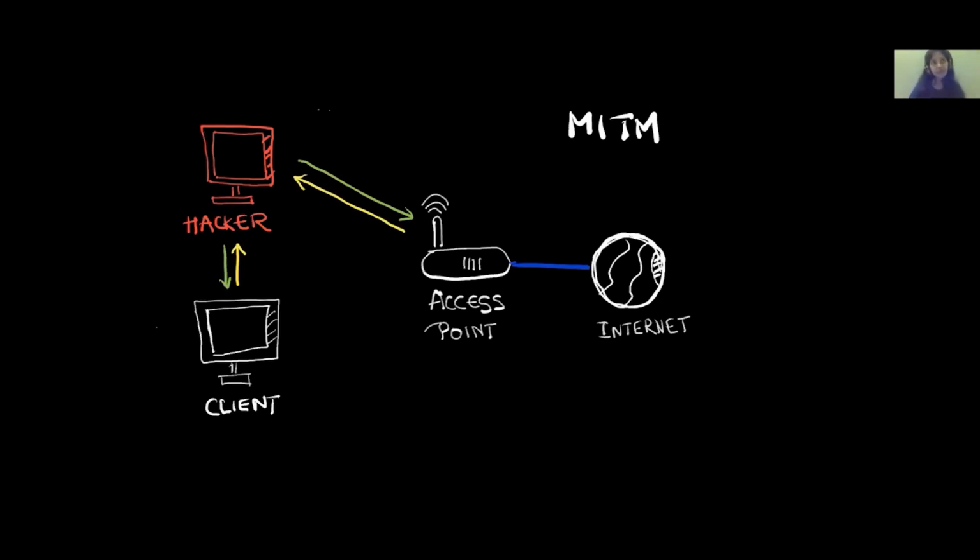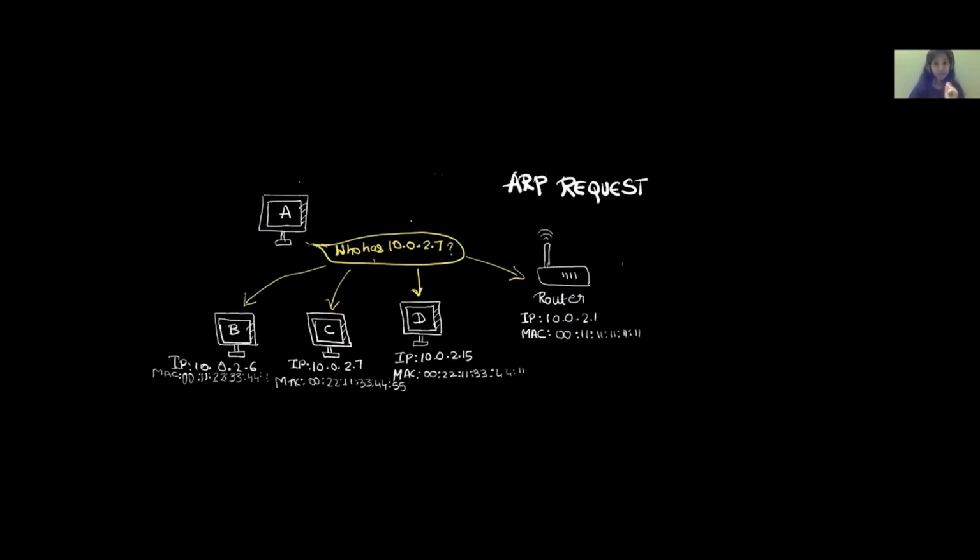There are various ways to achieve this. One way I'll be describing is ARP spoofing. ARP is address resolution protocol. Basically, in your network, every client will have the IP addresses of the other clients. So now A wants to connect to C. It says it has C's IP address, 10.2.7.